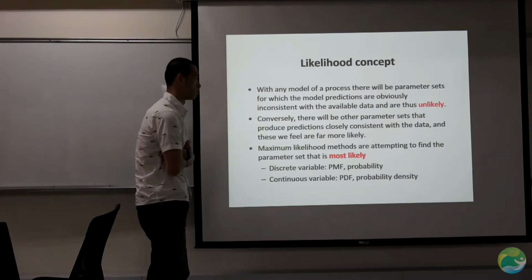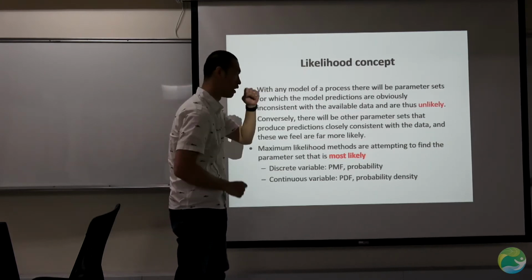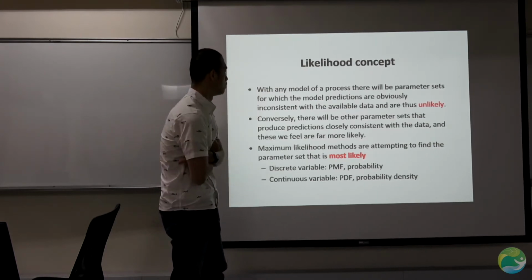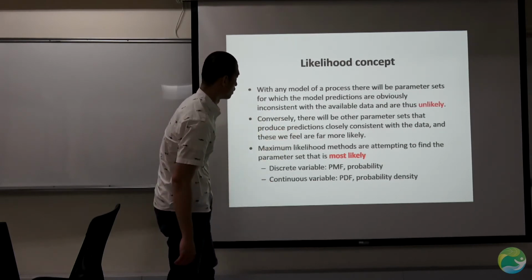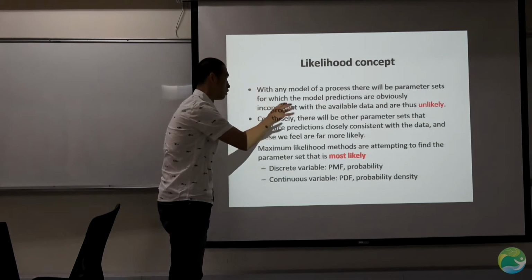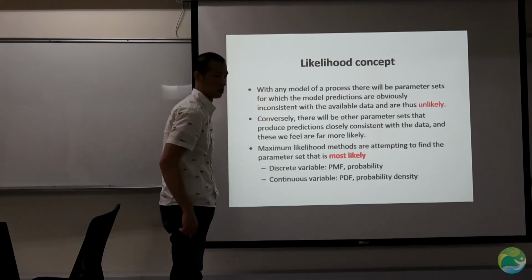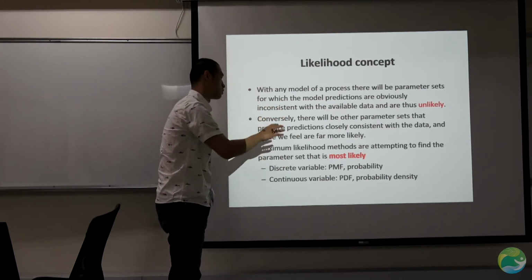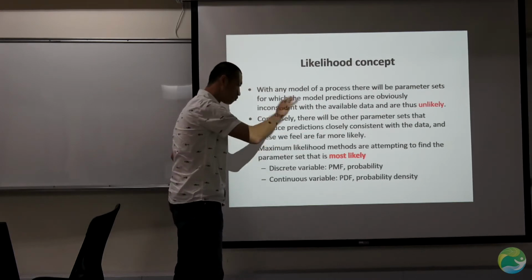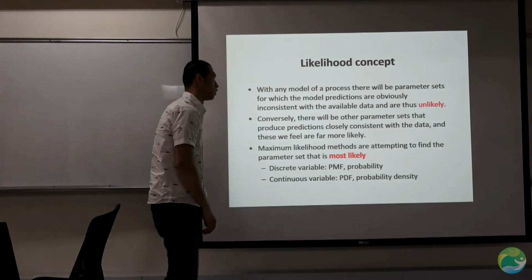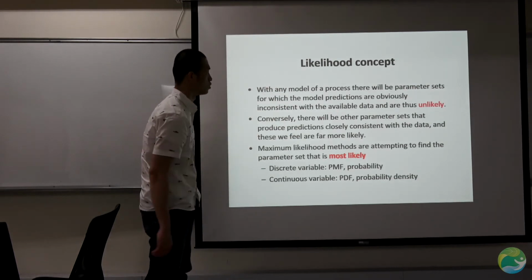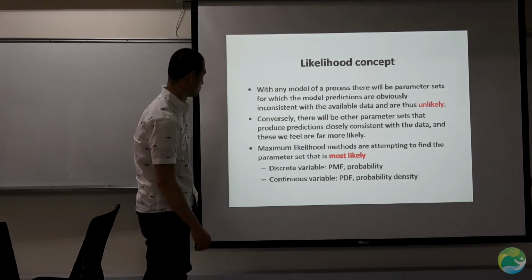For some parameters, the prediction is not close to the data. For the cases when the results are close to the data, we say those parameters are more likely. And when the prediction is not close, they are unlikely.